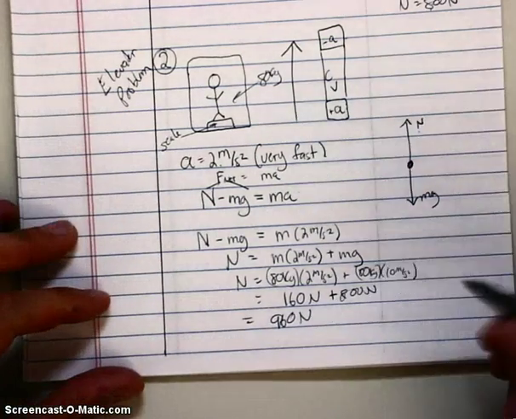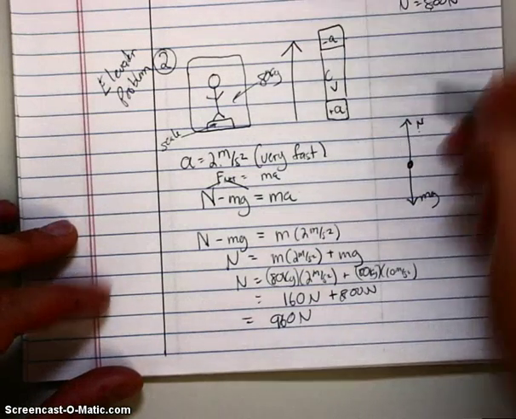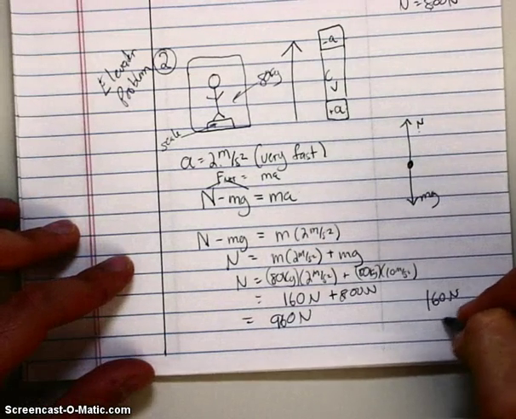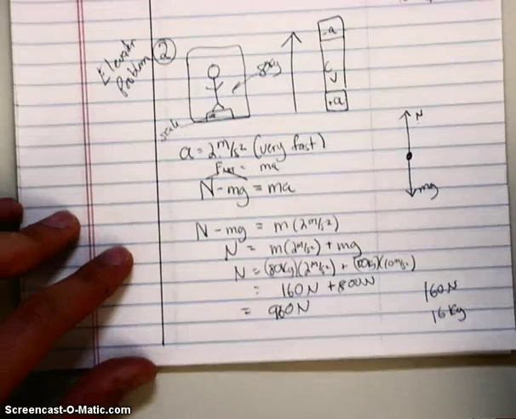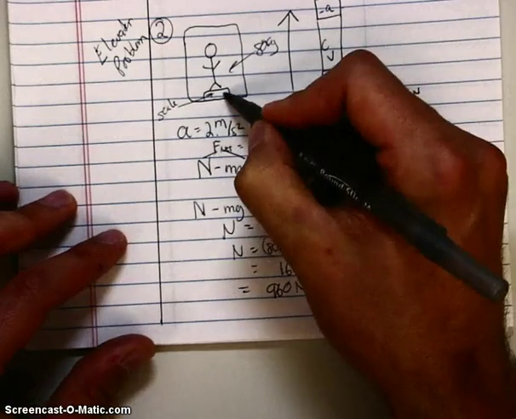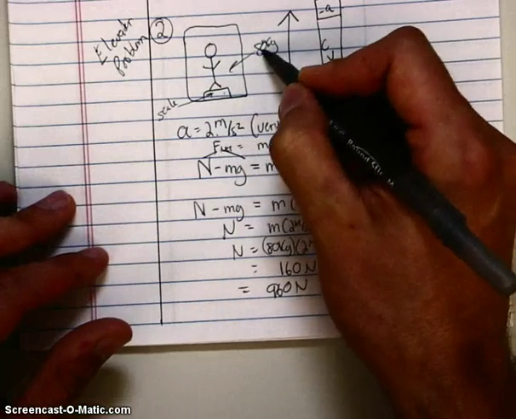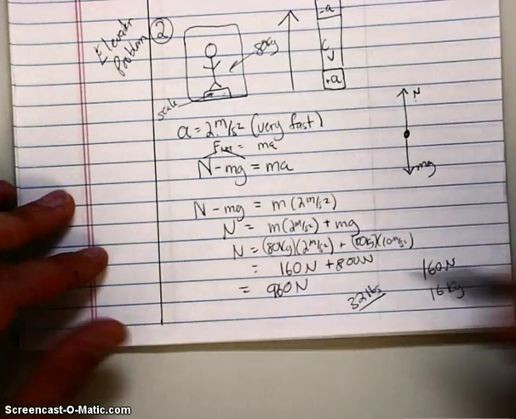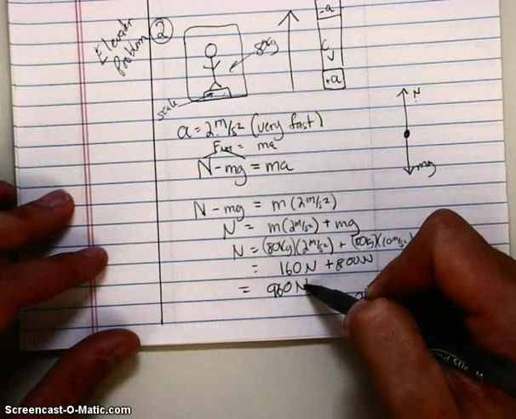So in this situation, that's a 160 Newton difference, or 16 kilograms, which is about a 32-pound difference. So this person on the scale, who should be 80 kilograms, this scale would read 96 kilograms on that scale.